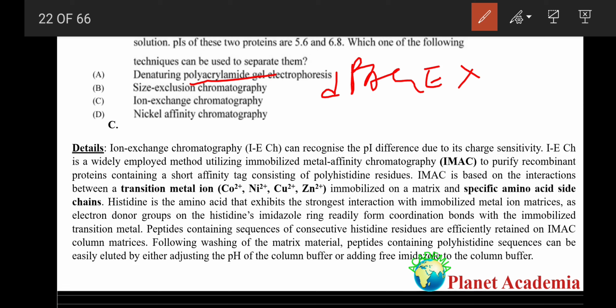Size exclusion chromatography, no. Ion exchange, yes, it can be used. Nickel affinity, yes, it can be used.